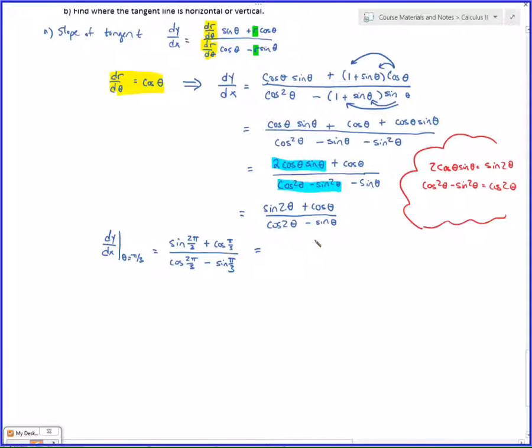And you can look those up on your table if you need to. That's 1/2 plus square root of 3 over 2.